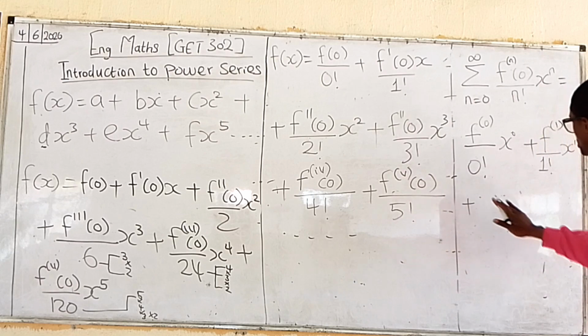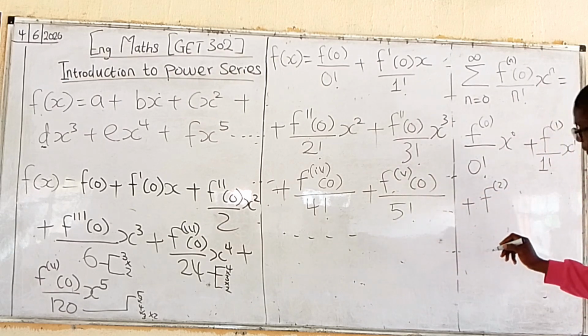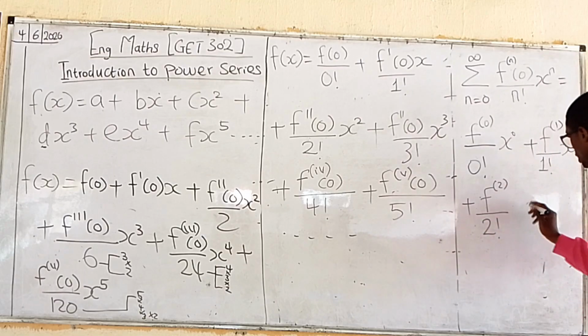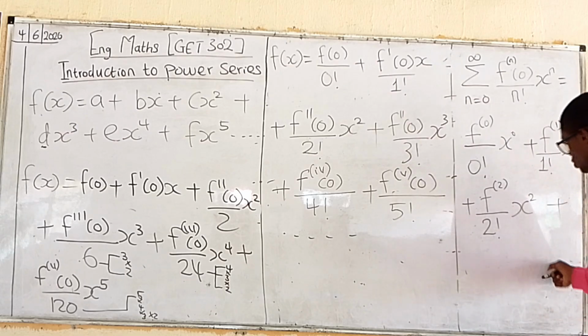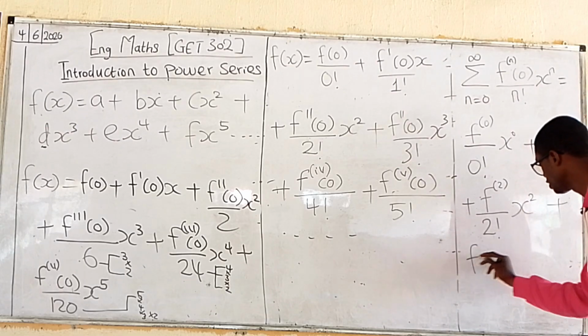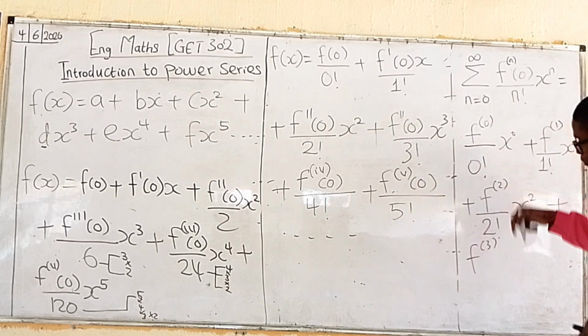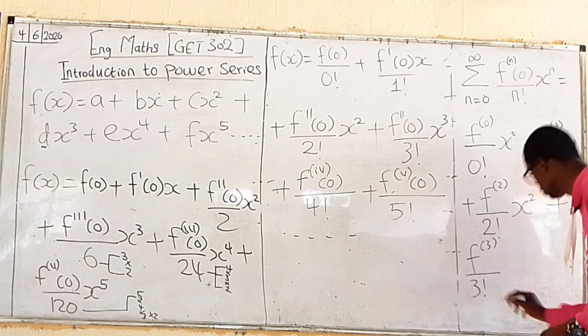Plus the next one will be f second derivative, all over 2 factorial, x to the power of 2. Plus the next one will be f third derivative. It's not raised to power 3, it's the third derivative, all over 3 factorial.